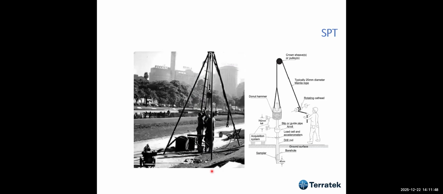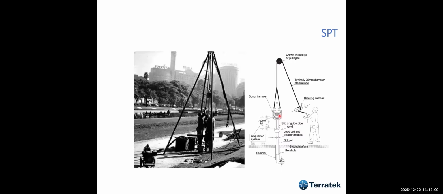And let's talk a little bit about the SPT. SPT was developed probably in America in the 20s or 30s and is still very much used, still very helpful. In the past, we used this kind of equipment, which is a donut hammer, and we have a weight.